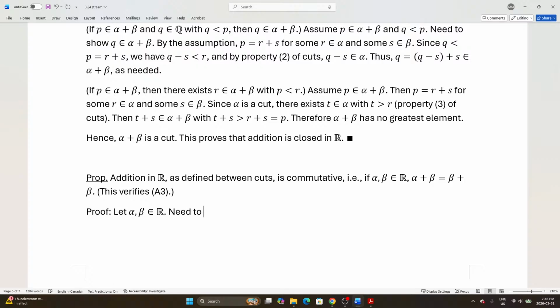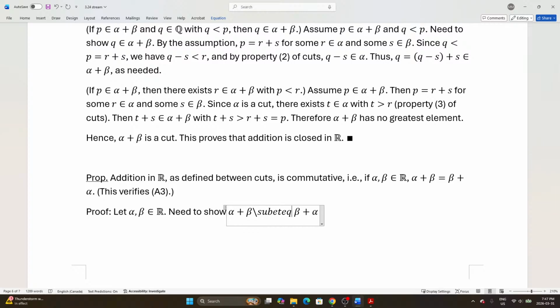Then we need to show the set equality, right? We need to show these two are the same set. To show two sets are the same, you need to show double containment. You need to show beta plus alpha and alpha plus beta contain each other. That's the definition of set equality.